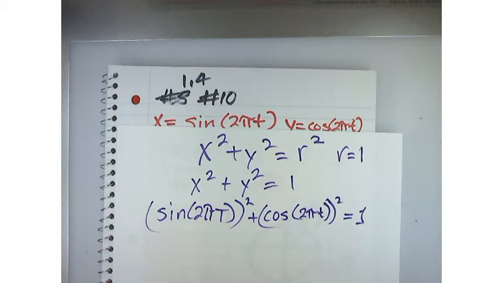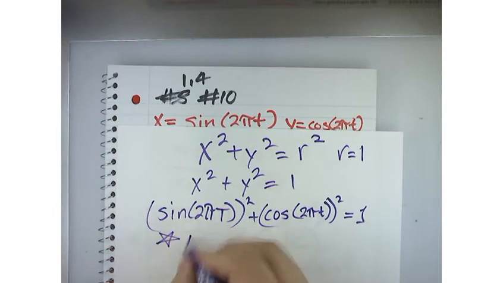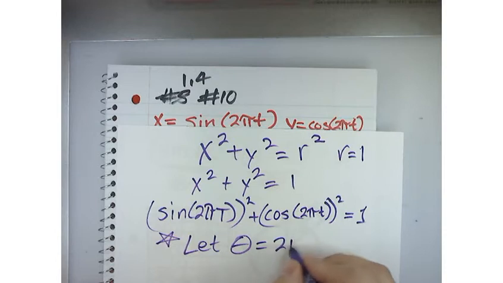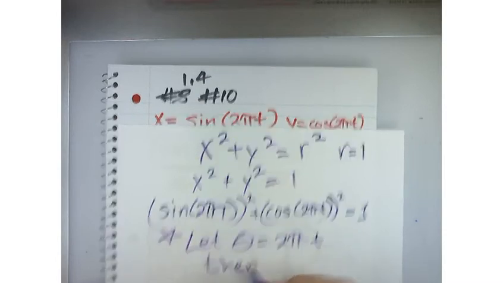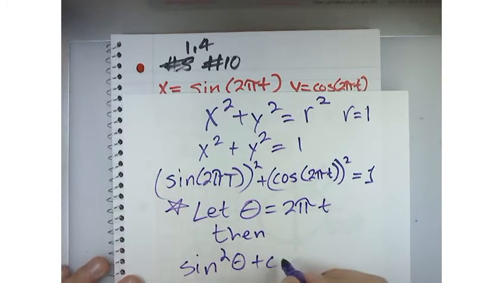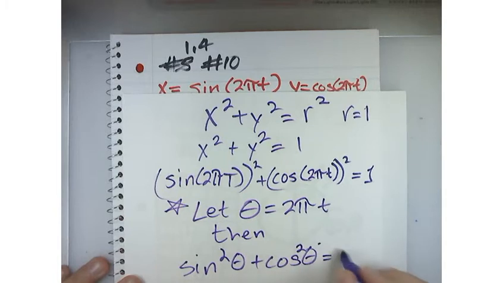That's the Pythagorean identity. Because if I let theta equal 2 pi t, then sine of theta squared plus cosine of theta squared does equal 1. And that's true.